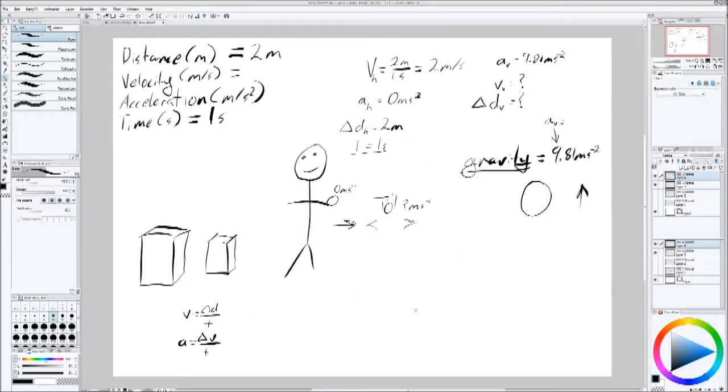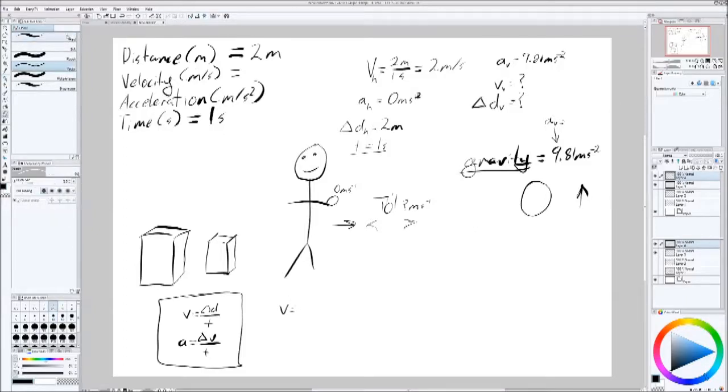We have to use things that are a little bit fancier. However, they all come from these equations. So, for example, V is equal to... No, we won't use that one to begin with, actually. And we'll use a bit of a larger eraser. There we are. We'll look at the acceleration.